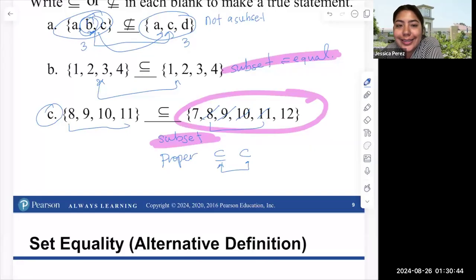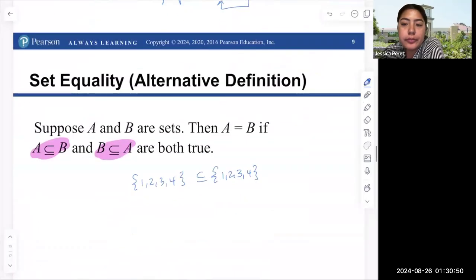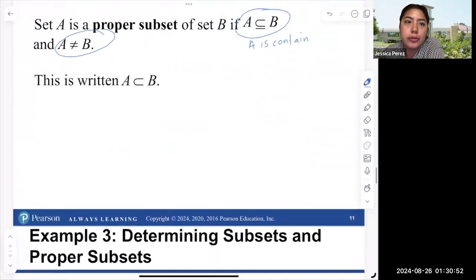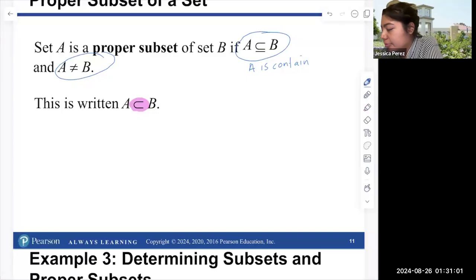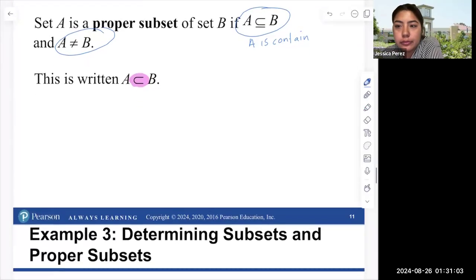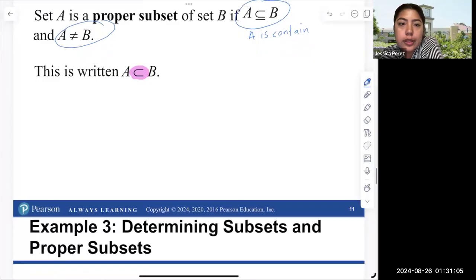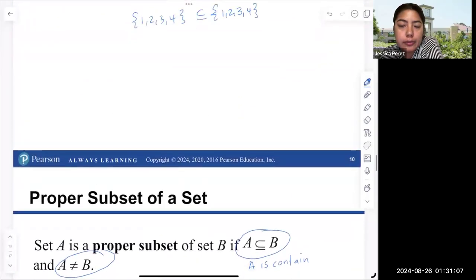So 8, 9, 10, 11 is contained in B, but B is not the same as A. So that is called a proper subset. And it's written in this format. It doesn't have the equality on the bottom. So it can be written this way or the other way.